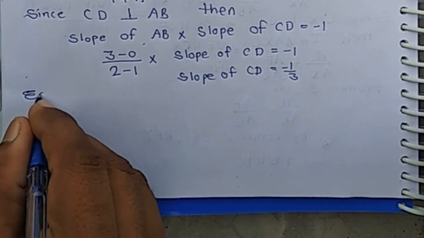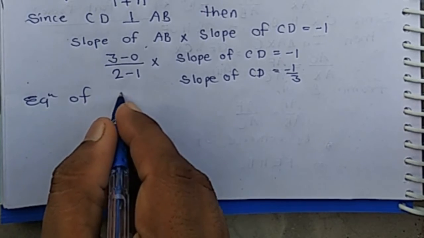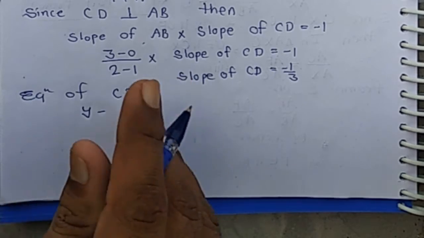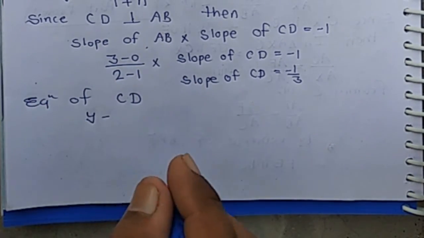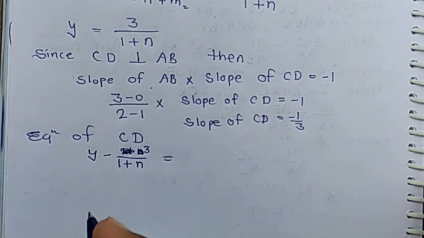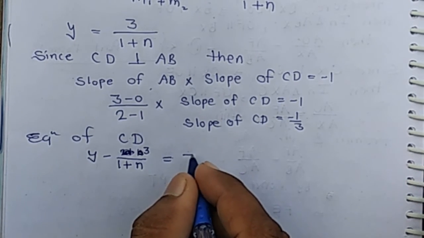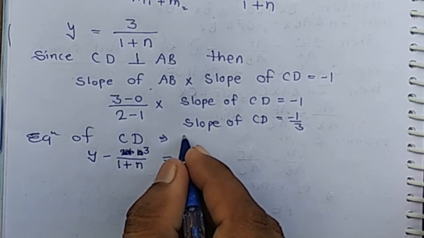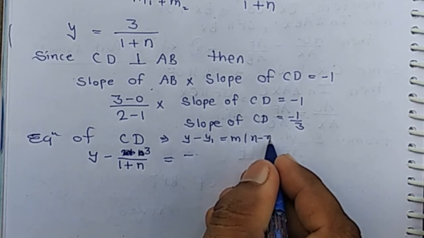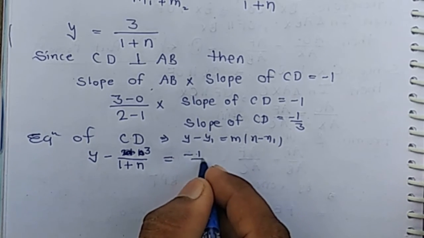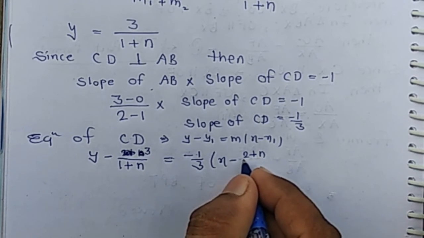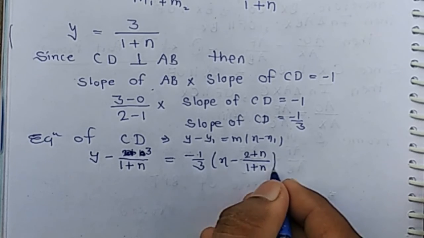Then the equation of CD: y minus y1, where (x1, y1) is a point on CD, equals m(x minus x1), where m is -1 by 3 and x1 is (2 plus n) by (1 plus n).